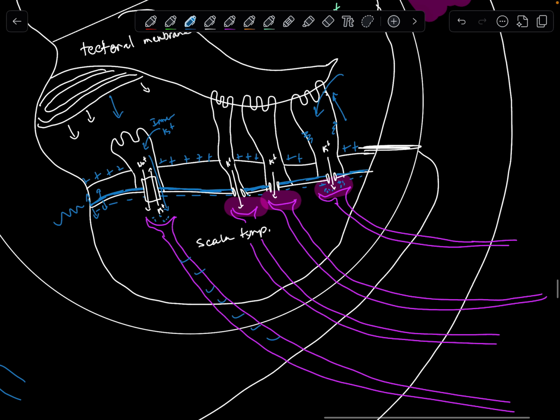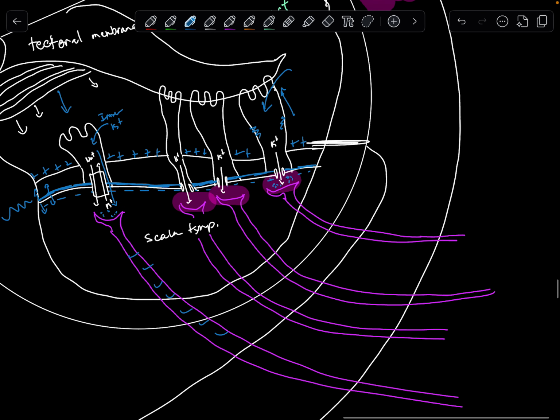These external hair cells actually are efferent pathway. It's an efferent pathway, so it's coming from the brain, and this is kind of how we block out noises. If we're in a crowded room, right, and there's a ton of noise, our brain can actually send signals back to these hair cells, telling them not to move as much.